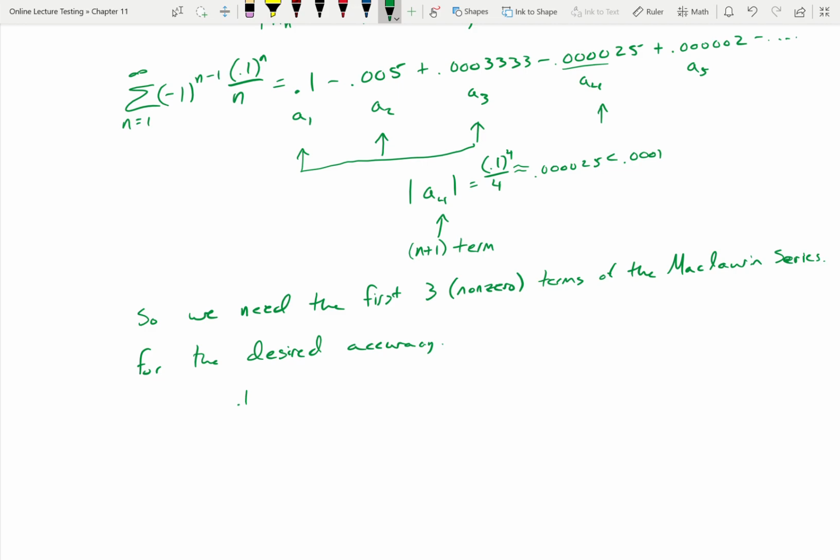And 0.1 minus 0.005 plus 0.000333 is equal to 0.095333. And if we look at the natural log of 1.1, this is equal to 0.09531018. So those are extremely close to each other. And in fact, notice the first 4 digits are exactly the same.